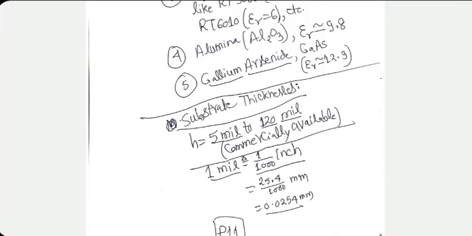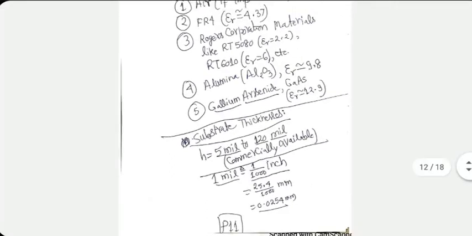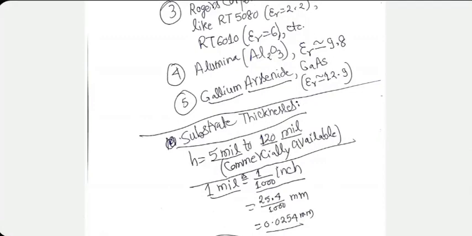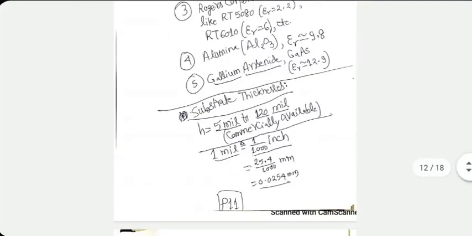That means it is equal to 0.0254 millimeter. This is commonly used in workshops also when we want to make components. Even dielectric materials are specified saying this is 5 mil thick, this is 10 mil thick, this is 20 mil thick, and so on. So don't worry, mil is simply 1 inch divided by 1000.